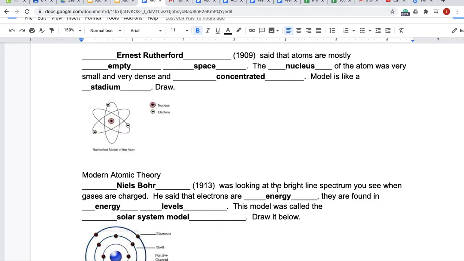And so that light was just a representation of electrons moving to different energy levels, which means that the electrons would have to originally be in a specific energy level.